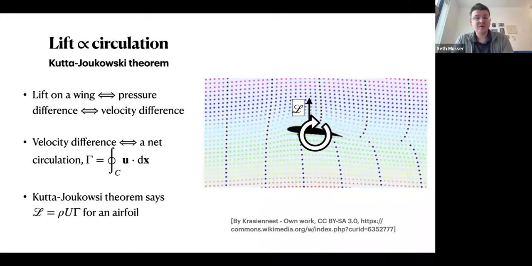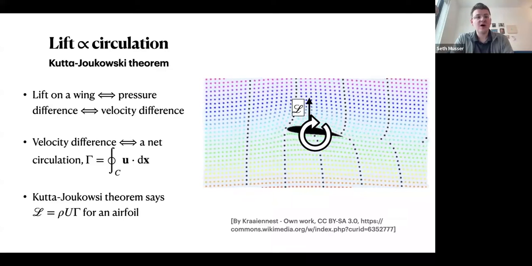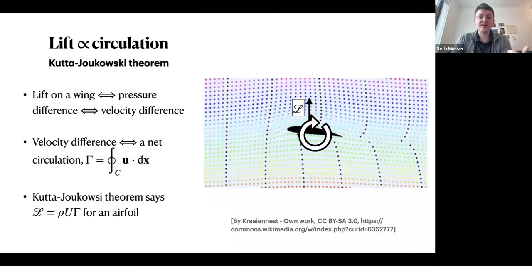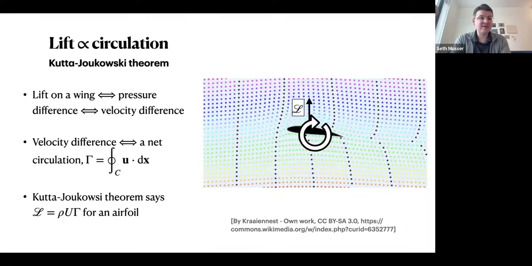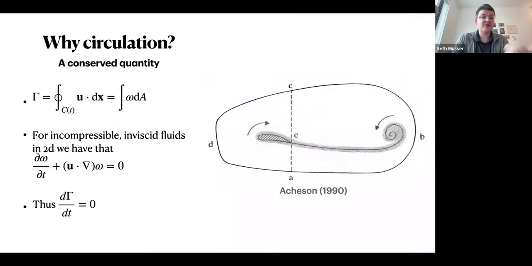You might ask, why discuss circulation? Why not focus on this pressure difference? The reason is that as physicists, we really like conserved quantities because they make our lives easy. And circulation happens to be a conserved quantity in a two-dimensional fluid. We can express the circulation as an integral over the vorticity, over the region bounded by a curve.